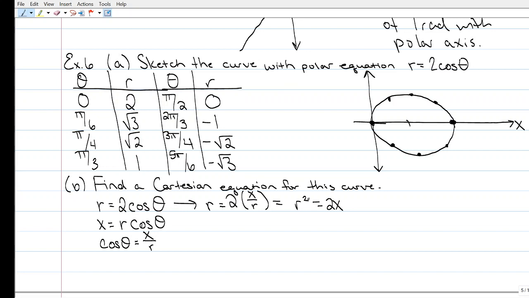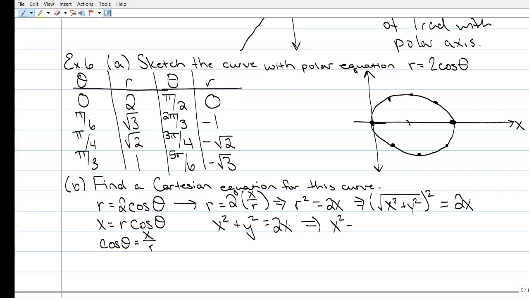But r is the square root of x squared plus y squared, so r squared would be that quantity squared. That must equal 2x. So now we have x squared plus y squared equals 2x. Moving the 2x to the left-hand side, I get x squared minus 2x plus y squared equals 0.